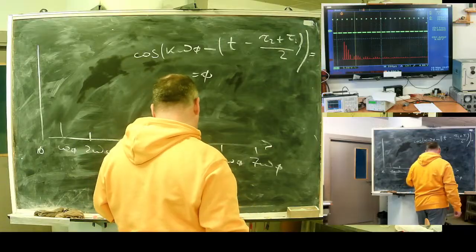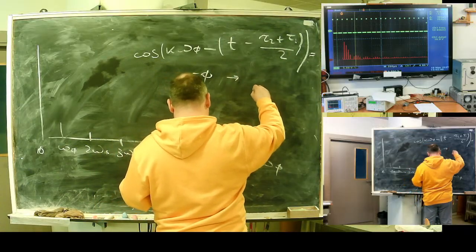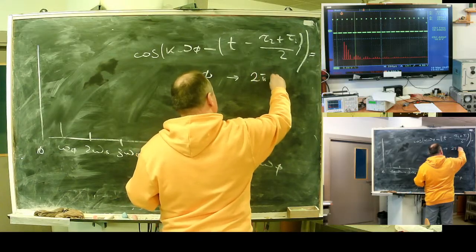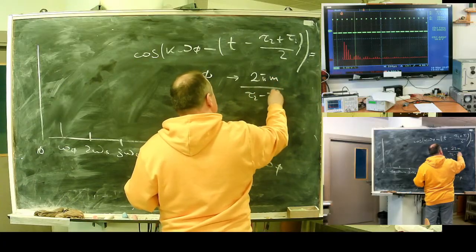And at this point, we have a zero point at 2π m divided by (tau 2 minus tau 1).